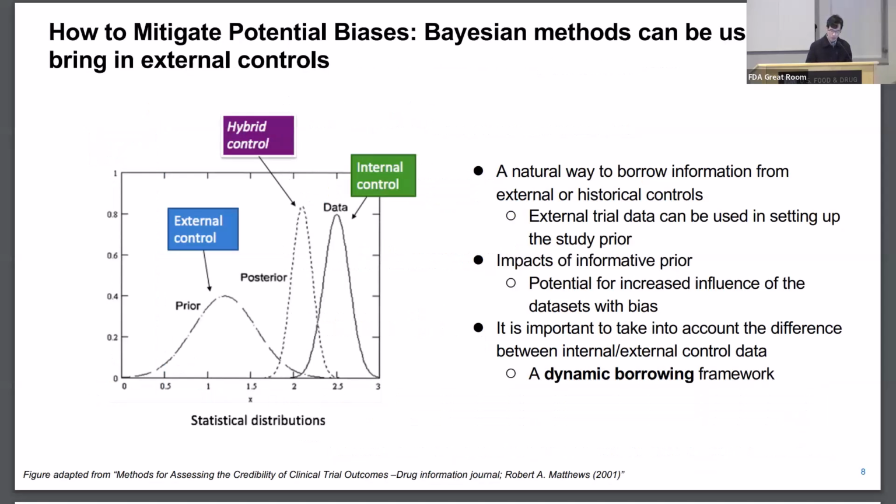The Bayesian method presents a natural way to handle the combination of data. External trial data can be used to set up the study prior, and the dynamic borrowing framework, as mentioned, could be important in allowing you to understand the difference between the internal and external control.